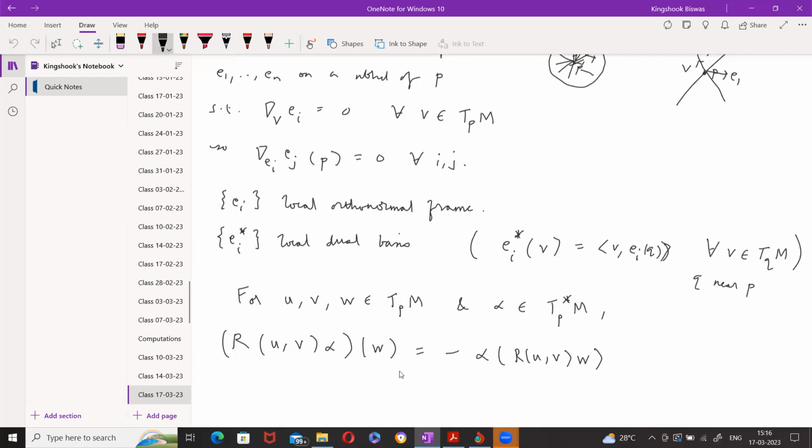We computed the curvature of the dual bundle, so then we proved this formula.